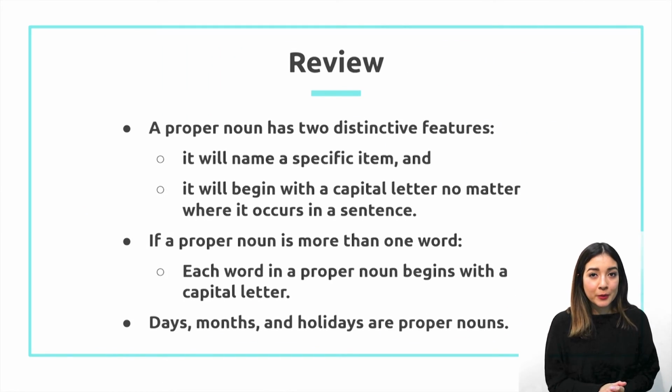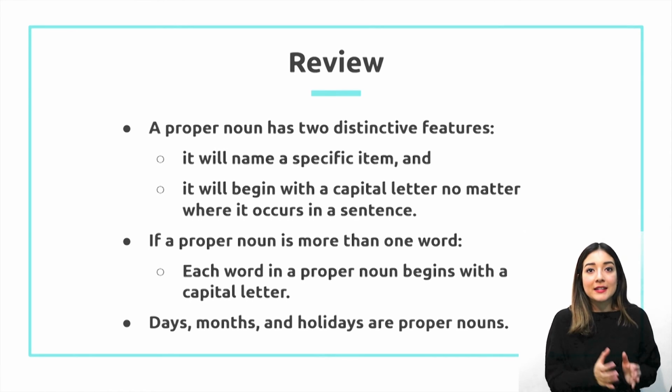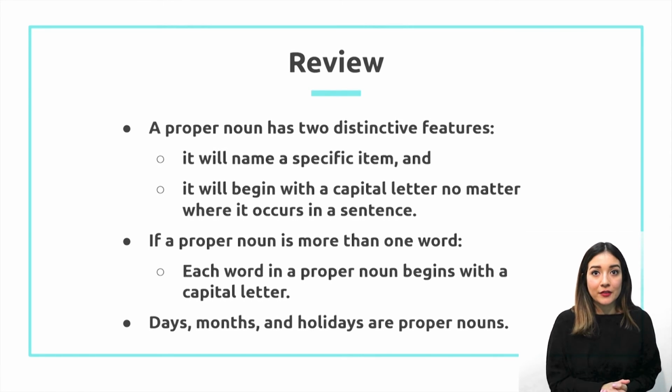So to review, a proper noun has two distinctive features. One, it names a specific person, place, thing, or idea. It also requires a capital letter at the start of the word. If a proper noun has more than one word associated with it, each word is capitalized at the start of the word.